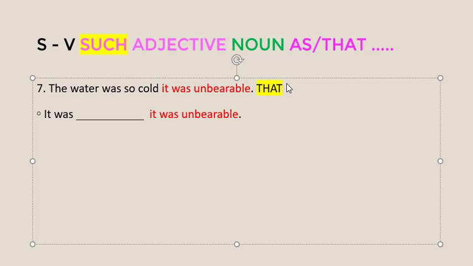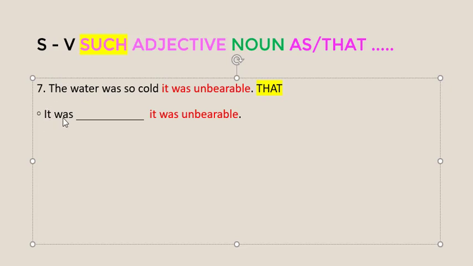Based on this clue, we know that we have to use this pattern: subject, verb, such, adjective, noun, that. Okay, let's use the pattern in the blank. Subject, verb. It has been given. It was.